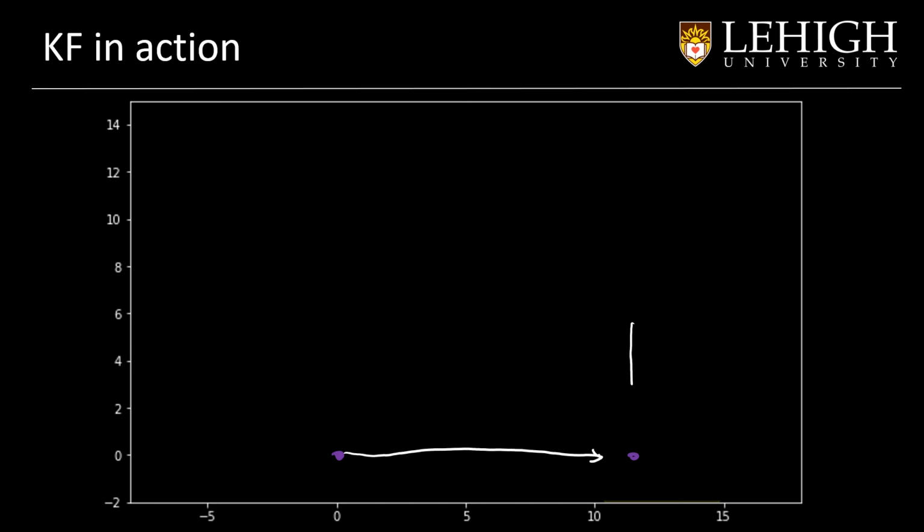Now it will apply a control input here, and it will fall here, and we will repeat that process, always taking into account that there is an error in the motion. So this is what happened in reality, and the final location of the robot is here.